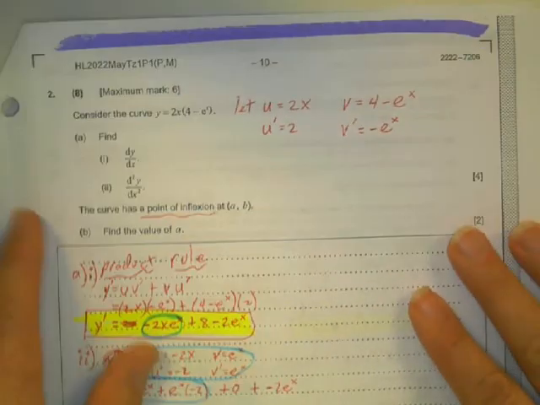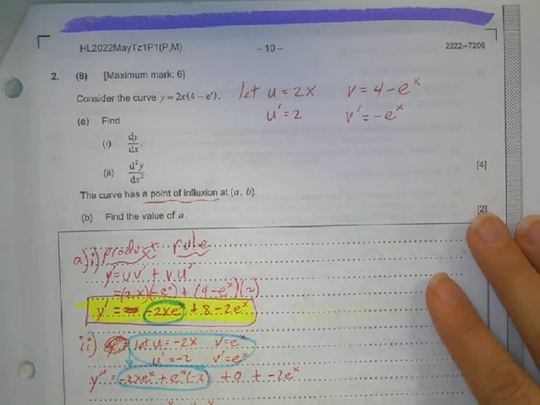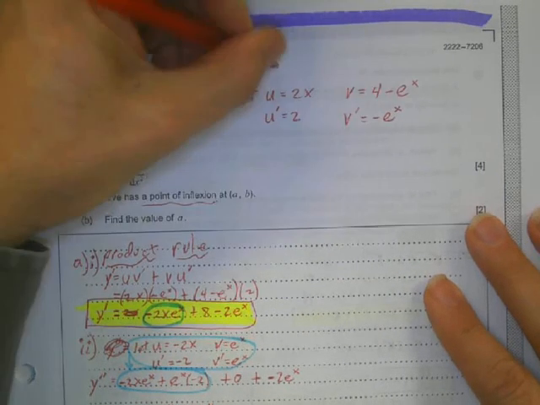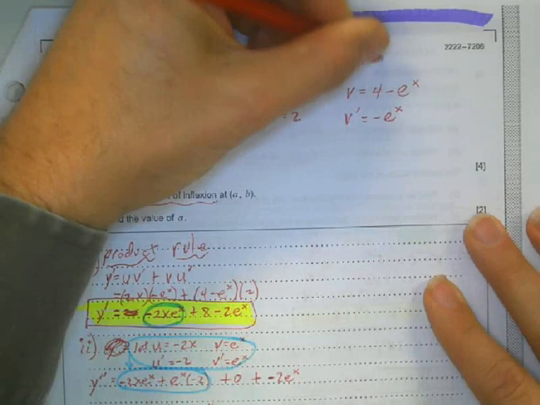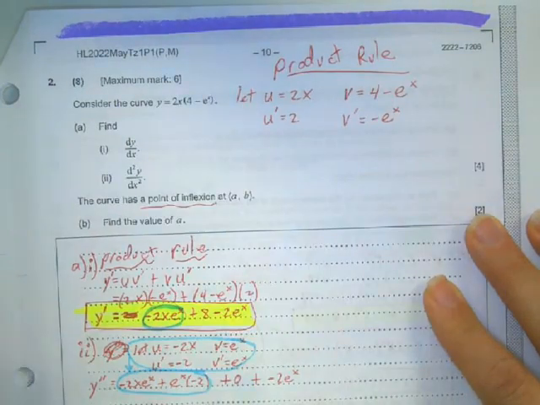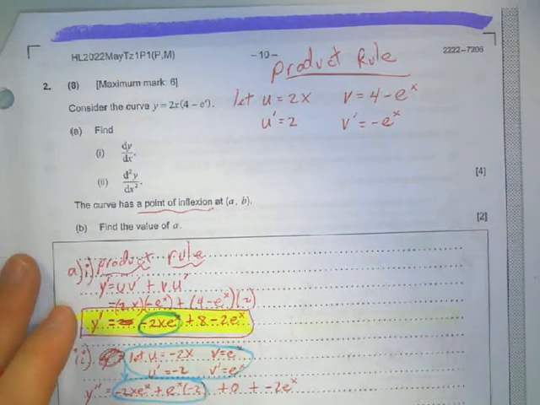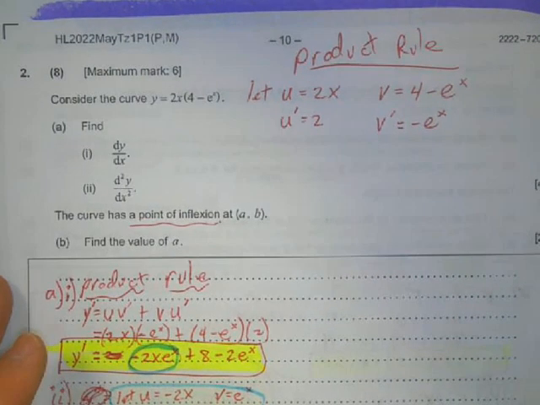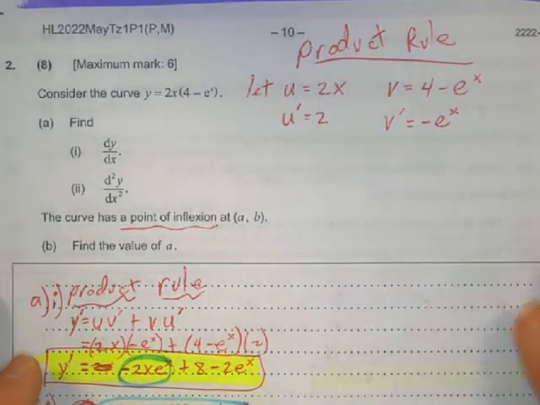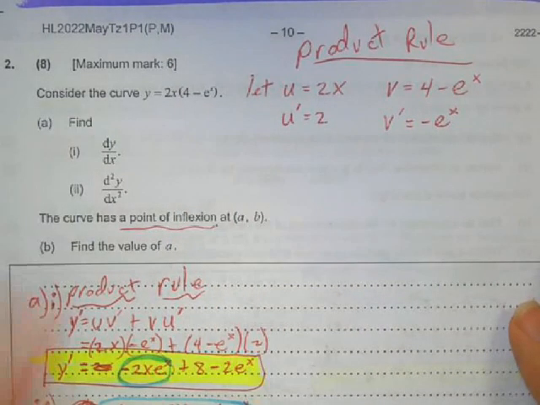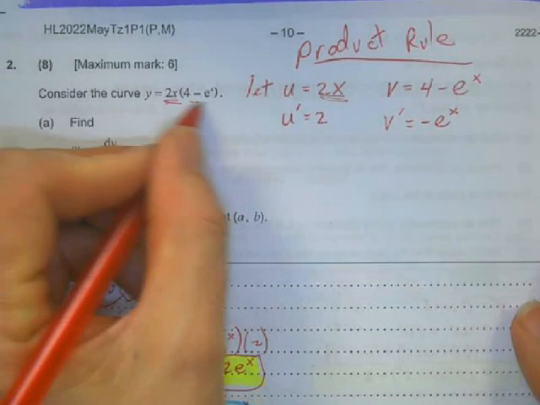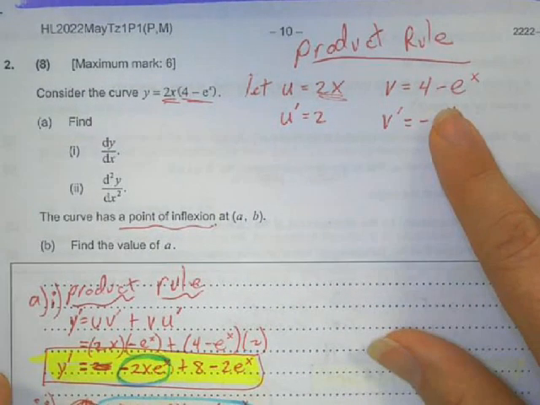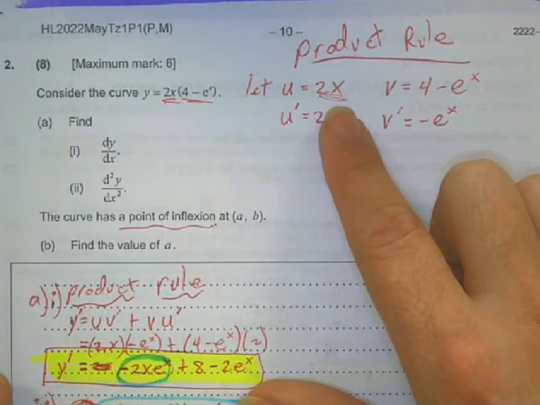Okay, the next one is just a product rule question. So I let u equal 2x, and I let v equal 4 minus e to the x. The derivative of 2x is 2.